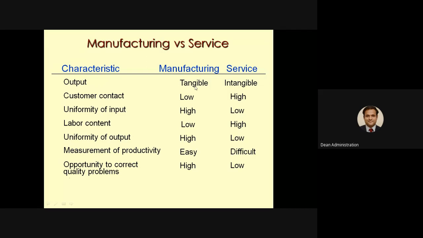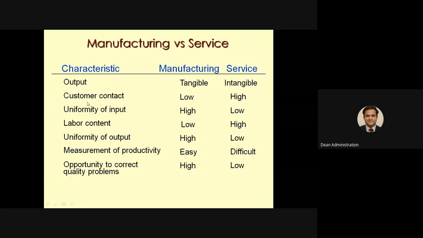The output of goods is tangible; service output you can't touch or feel, and the experience is what is most important. Customer contact is low for any manufactured product, but quite high for services. Uniformity of input is quite high for any goods, since you have the same type of raw material coming in, but for services it may be quite different.